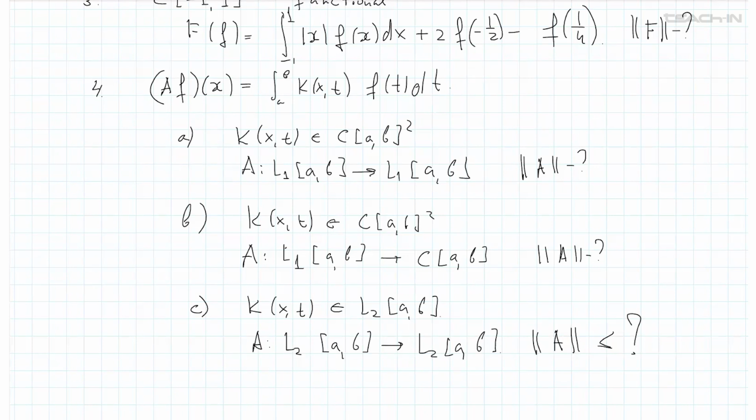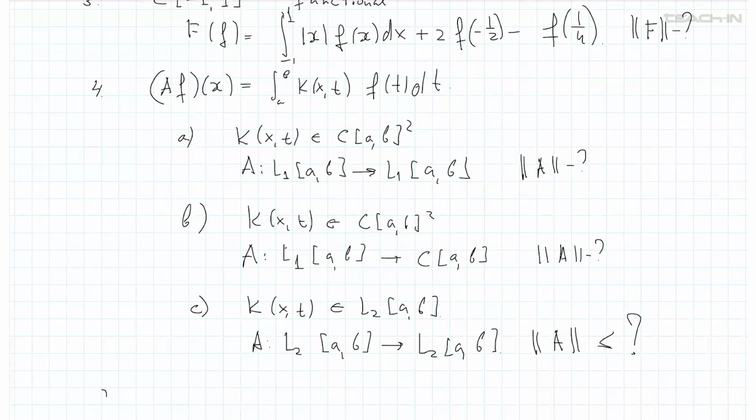Do you see the difference in the questions? In C, you only obtain an inequality, to show it on the boundaries. You have no methods to find the precise value of the norm. So in L2, find the precise value of the norm, and in C, obtain the estimation.